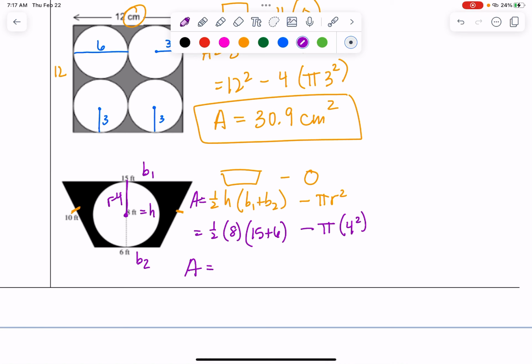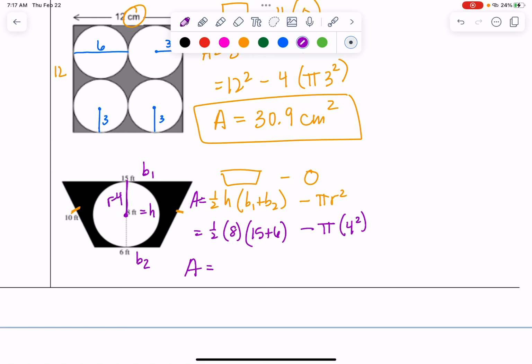So I can put that in the calculator all at once and get, four times 21 minus pi times 16.